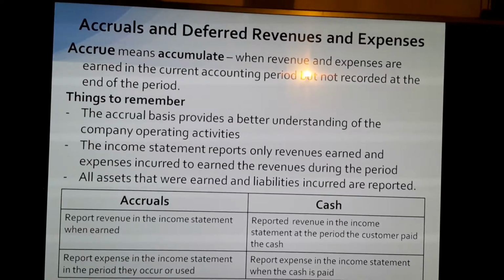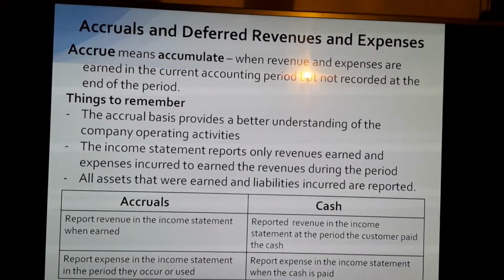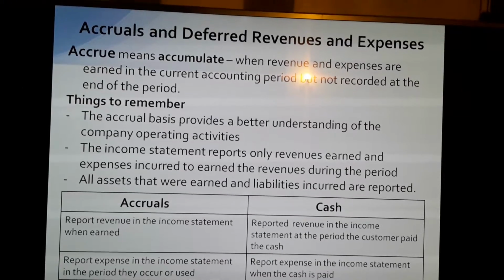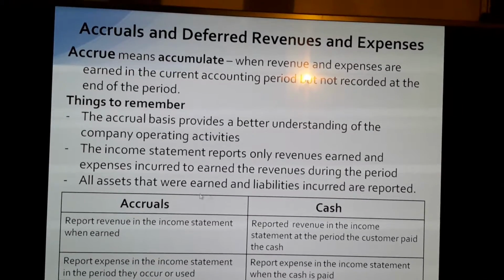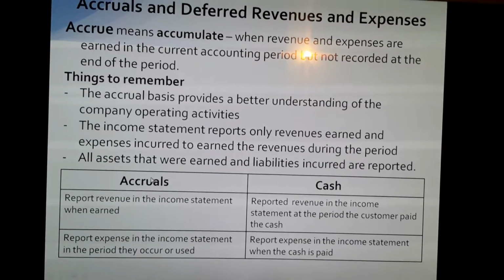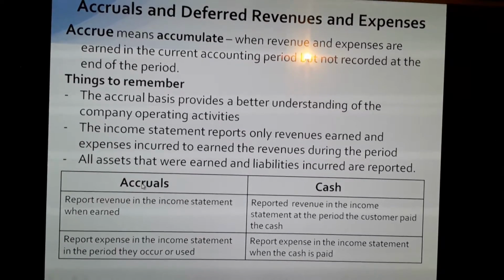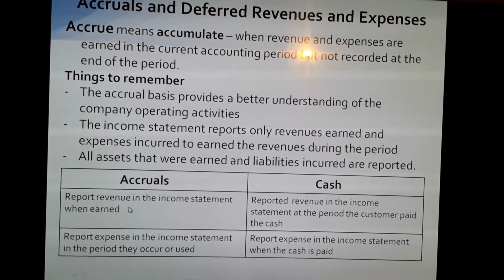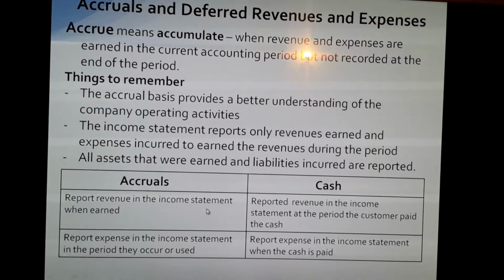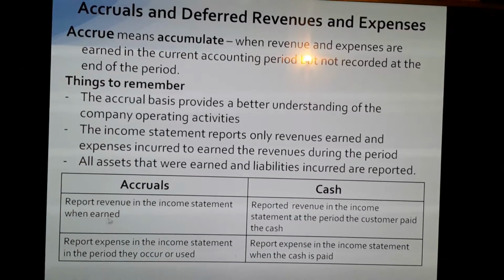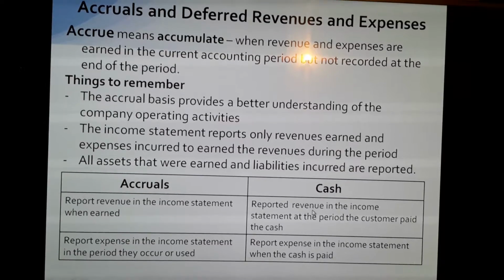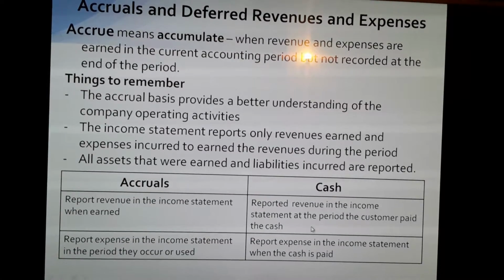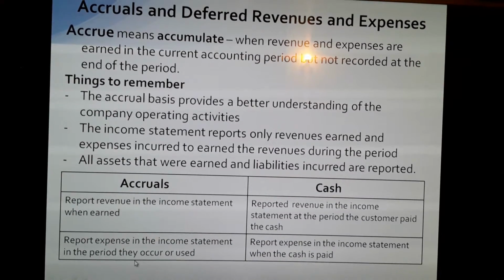So this is just a little difference between the accrual method and the cash method. This is something people have to remember, especially when dealing with accruals, because most businesses these days deal with the accrual method. The accrual method reports revenues in the income statement when earned, while the cash method reports revenues in the income statement at the time the customer paid the cash.